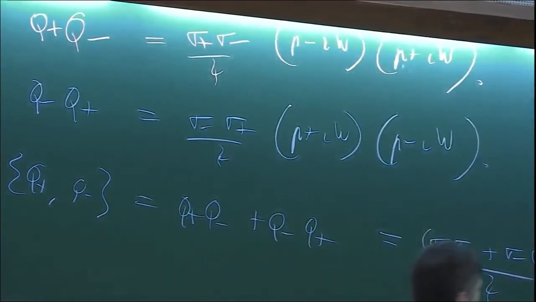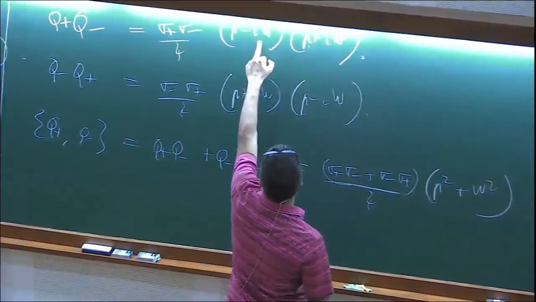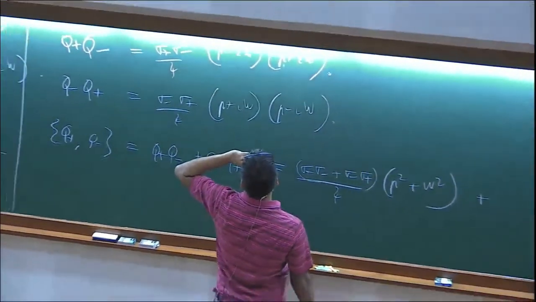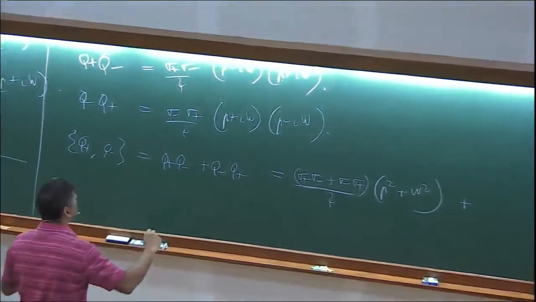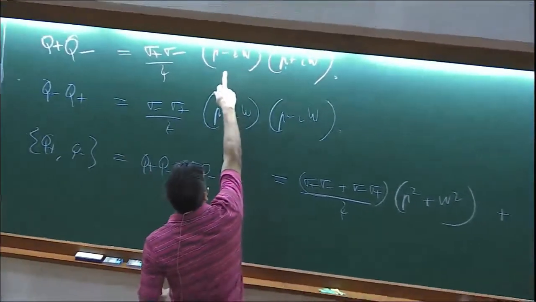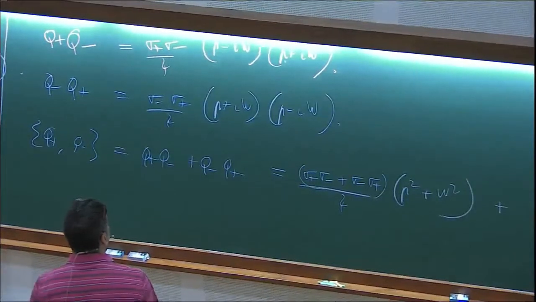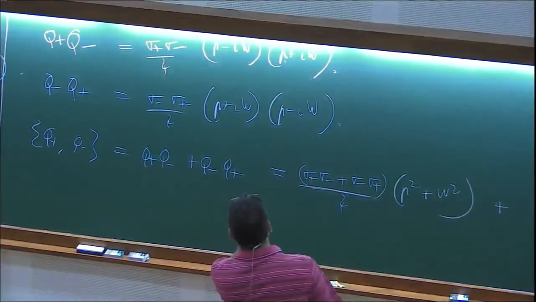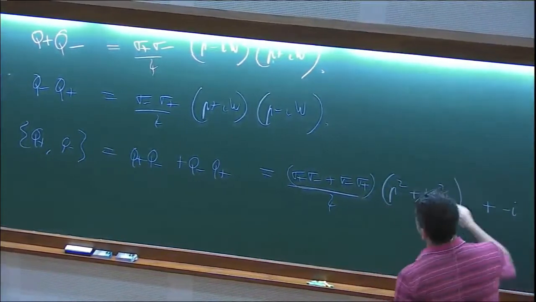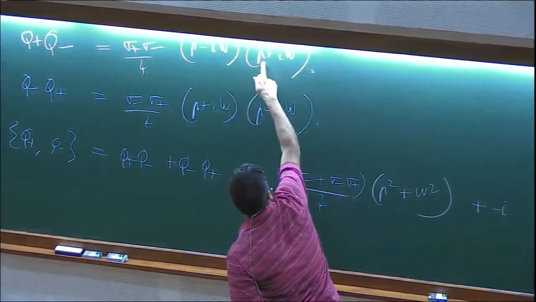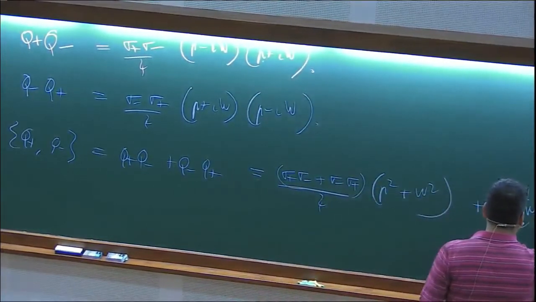Okay? And then there are the terms which occur with the opposite sign. Those are the cross terms, and let's work those out. Those would be minus i times WP plus i WP.